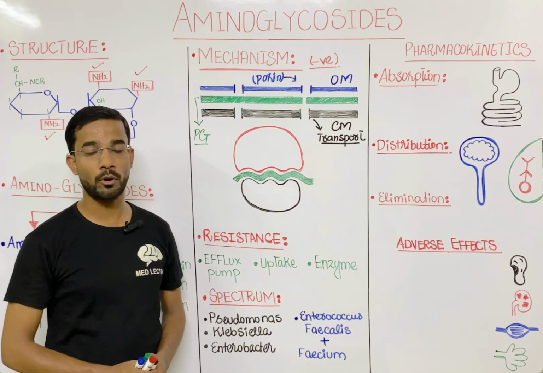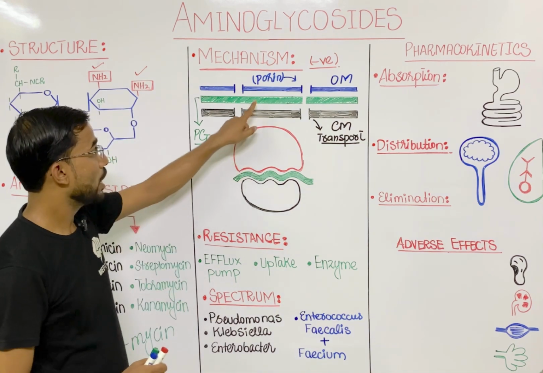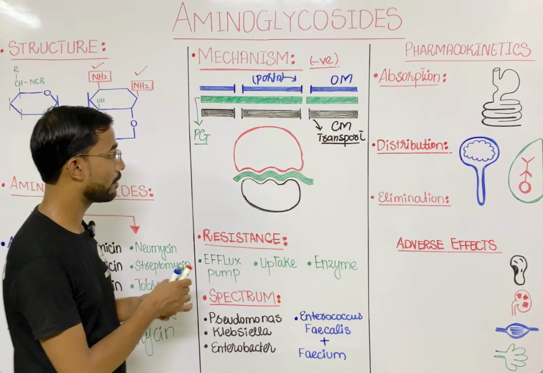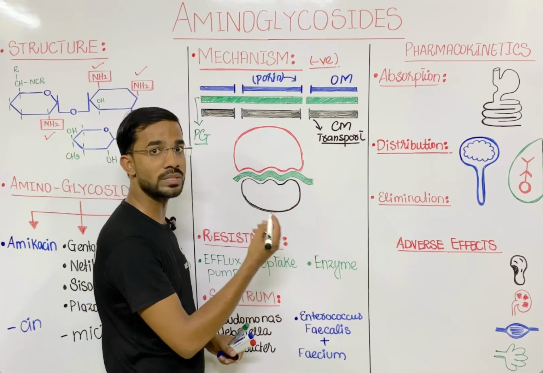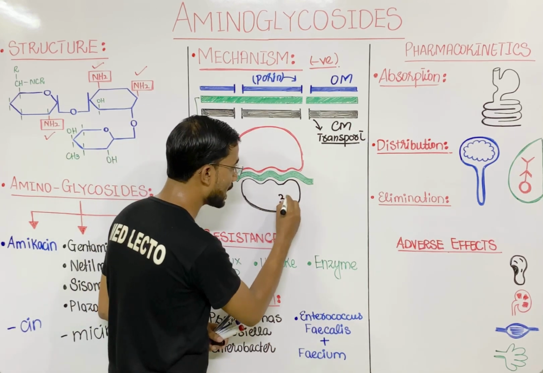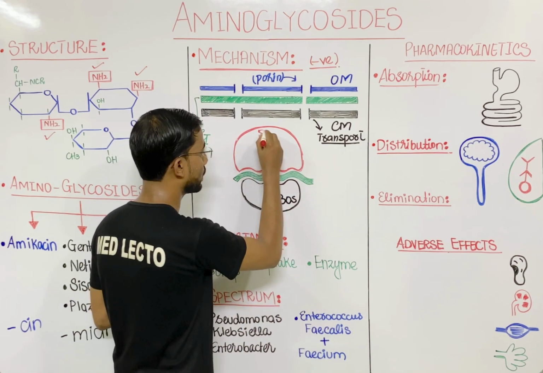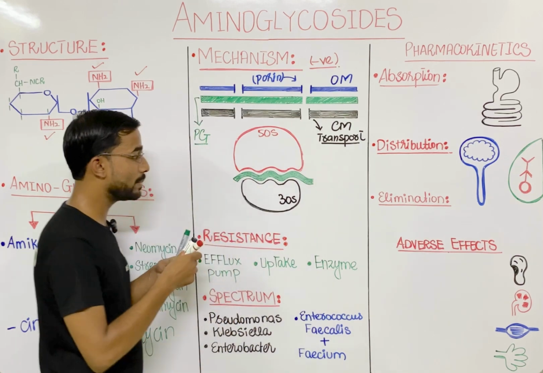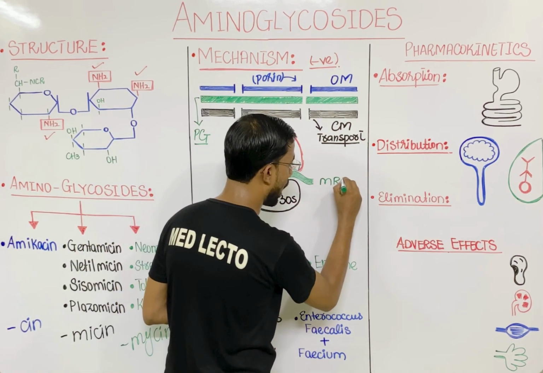That is the important thing about aminoglycosides. Next, you will see ribosomes. Bacterial ribosomes have two subunits, the 30S subunit and the 50S subunit. In between them, you will see the presence of messenger RNA.